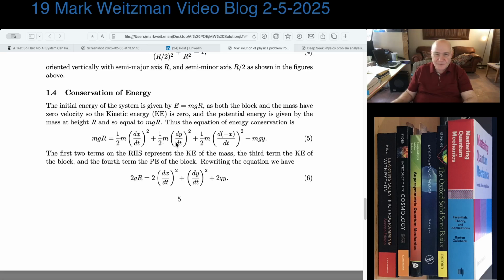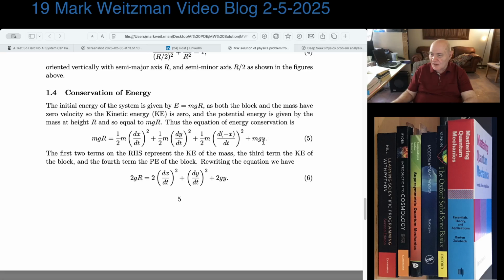And then the second term is the y component of the kinetic energy of the mass that moves around the ellipse. And then we have the kinetic energy of the block, and because the x-coordinate of the block is minus the x-coordinate of the mass, we have this expression, so it's the same thing, at least x-wise, but there is no kinetic energy for the y component of the block.